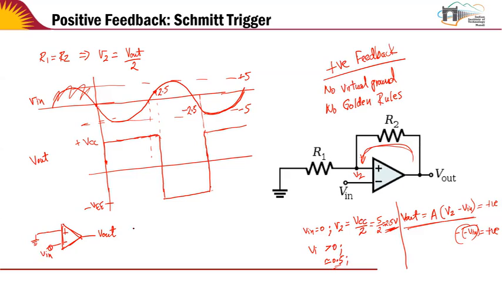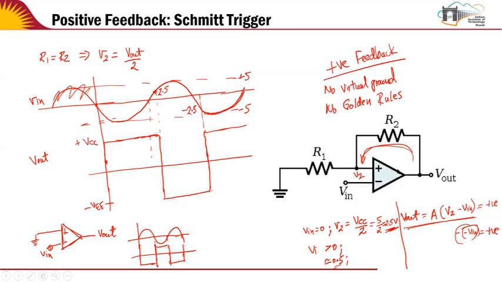Then if I had an input voltage which goes like this, and since the input is given to the negative terminal, the output will go to a value which looks like this. This was the basic comparator, right? But it is out of phase with the input because the input is given to the negative terminal. So the basic comparator means if one terminal is grounded, then whatever is the input, the output will go to the opposite value and the crossing will happen at 0.